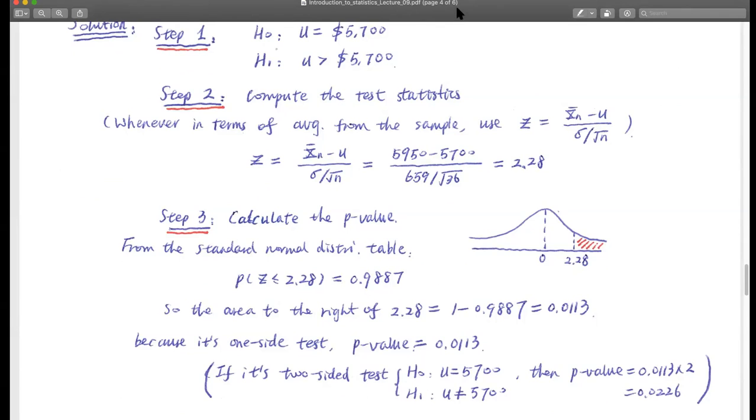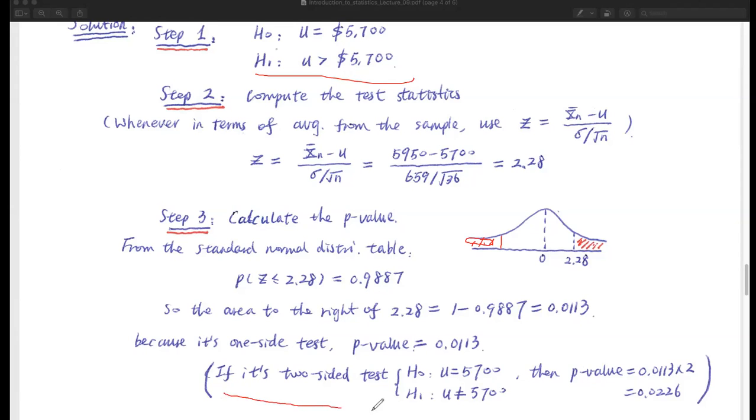Okay, so let me draw that. If we change H1 to be not equal to, the p-value will be double. So this region plus that region, both sides. Because remember, if it's not equal to, that means you have to cover both sides, right? So that's the reason I put a note here.